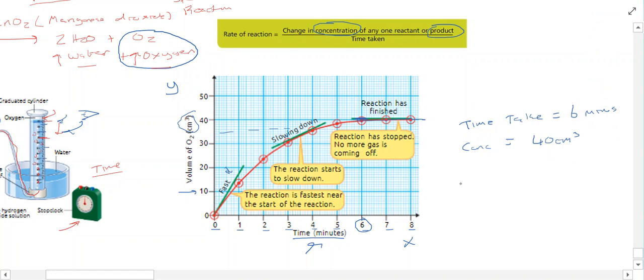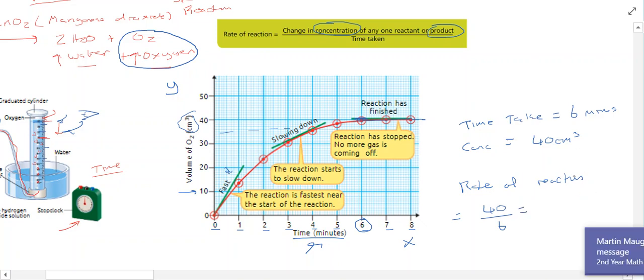And then we can say that the average rate of the reaction in this case is going to be equal to the change in the concentration of the product, which is 40, divided by the time it took for that concentration to be produced, which is 6.